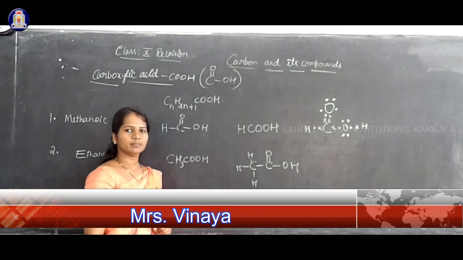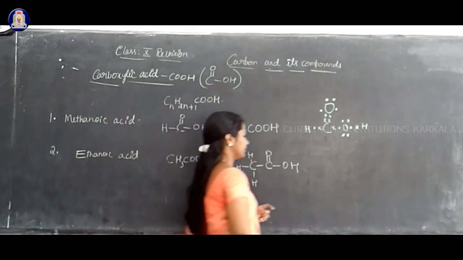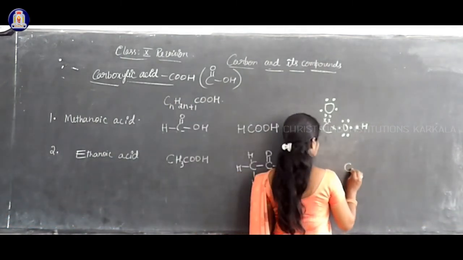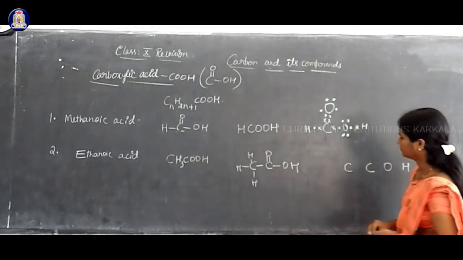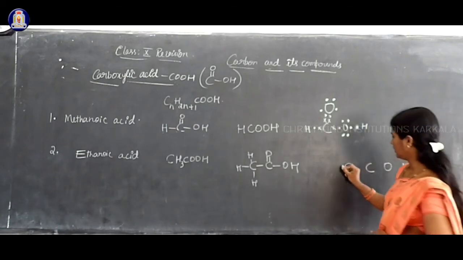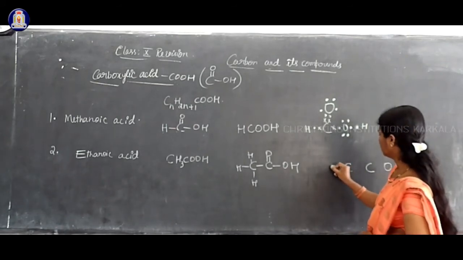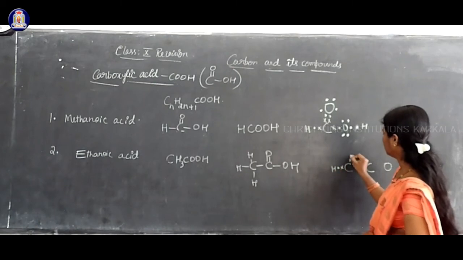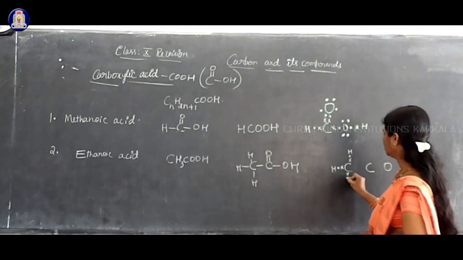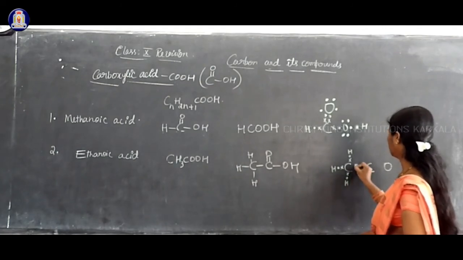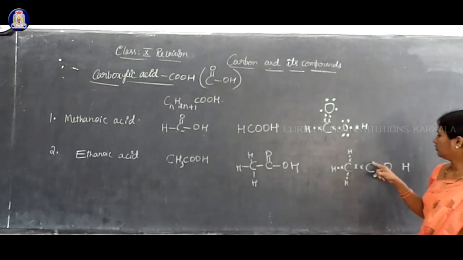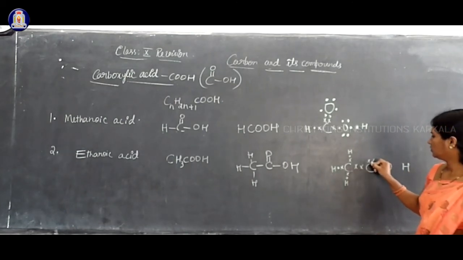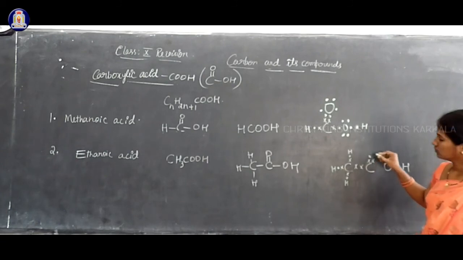Now we will write the electron dot structure. COOH. Now single bond, so into dot hydrogen, into dot hydrogen, into dot hydrogen, into. Second one double bond with oxygen, so 2 into 2 dots.